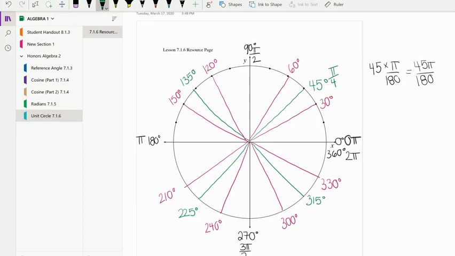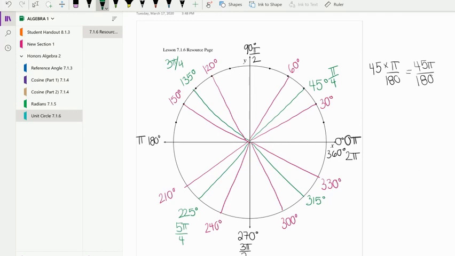So for example, 45 degrees would be pi over 4, and then the next, which would be 90, would be 2 pi over 4. So 135 would be 3 pi over 4, and then 180 would be 4 pi over 4, which reduces to pi. 225 would be 5 pi over 4. 270 would be 6 pi over 4, which reduces to 3 pi over 2.